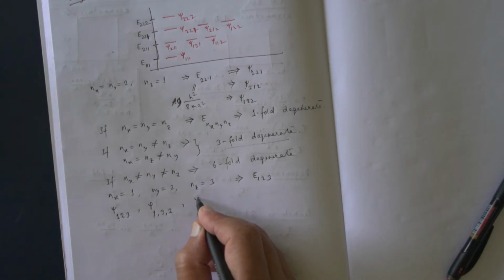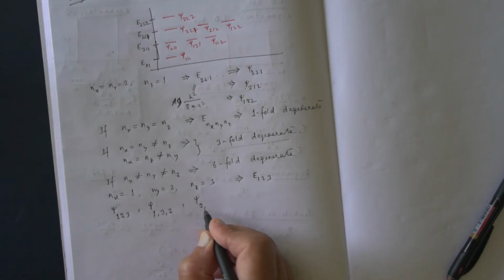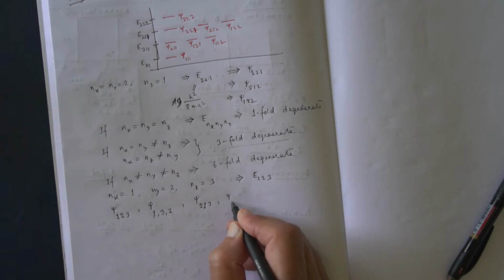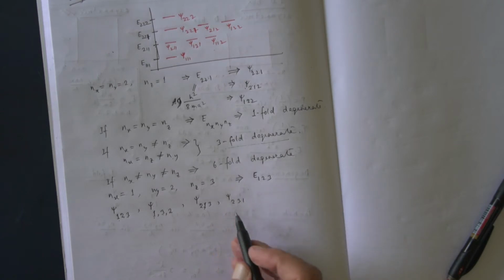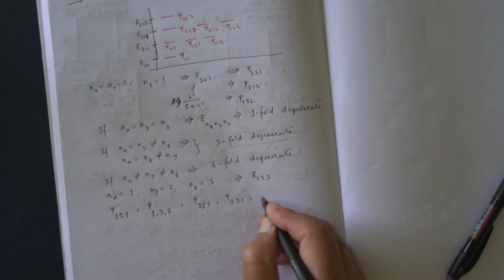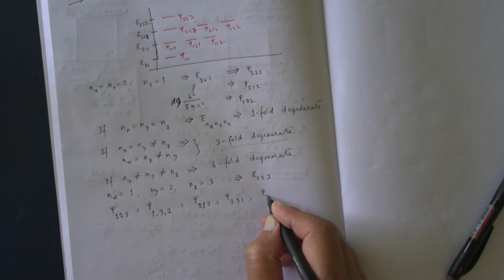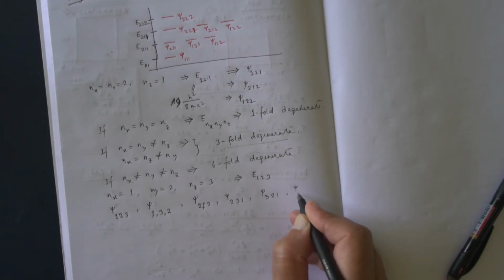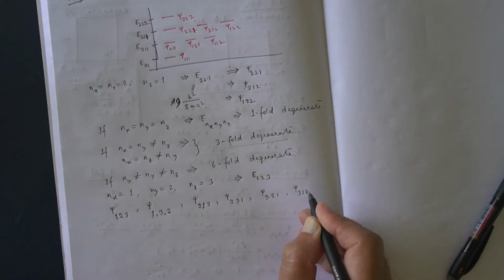Then we may have 2 1 3, or 2 3 1, then psi 3 2 1 or psi 3 1 2.